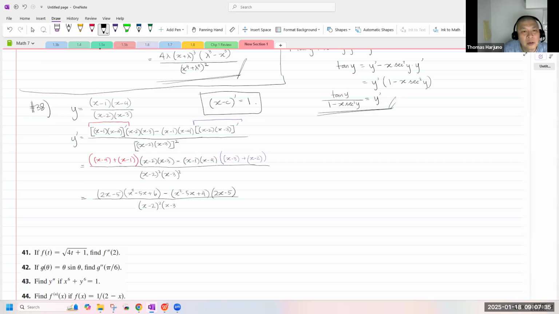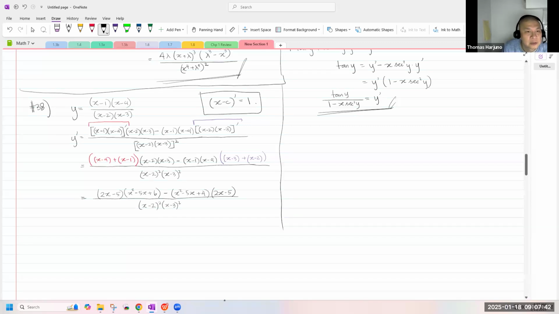Because then we have a common factor on the numerator, right? Let me give myself some space. On the numerator, I have the common factor 2x minus 5, such that I have x squared minus 5x plus 6 minus x squared minus 5x plus 4 over x minus 2 squared, x minus 3 squared.